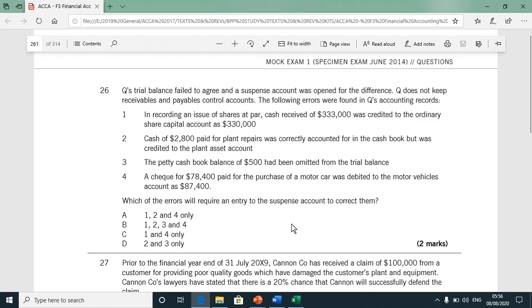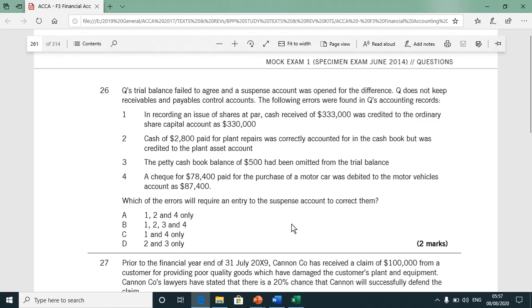Then 2 says cash of 2.8 paid for plant repairs was correctly accounted for in the cash book, meaning credited, but was again credited to the plant asset account, meaning we have got a double credit. Again, that will require a suspense account correction.